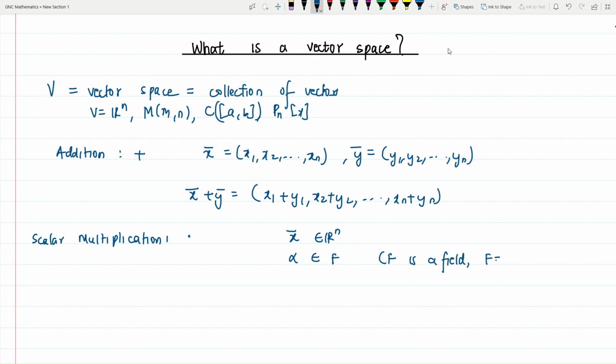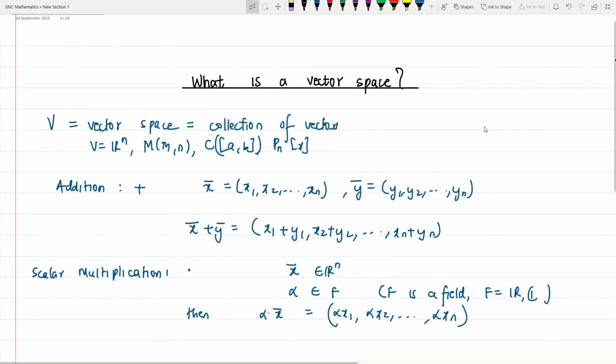F could be equal to either R or C. Then we define the scalar multiple alpha times x as alpha x1, alpha x2 up to alpha xn. We need a set of vectors V, we need an operation addition, and we need a scalar multiplication.